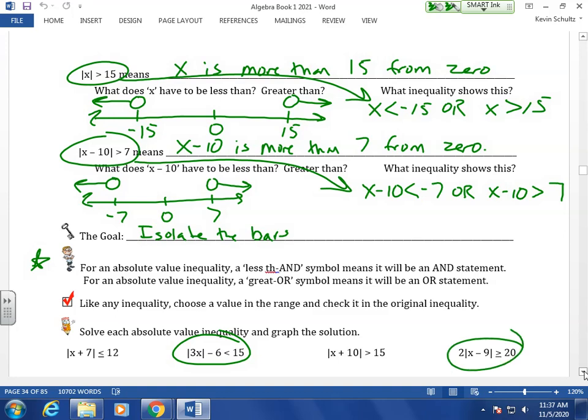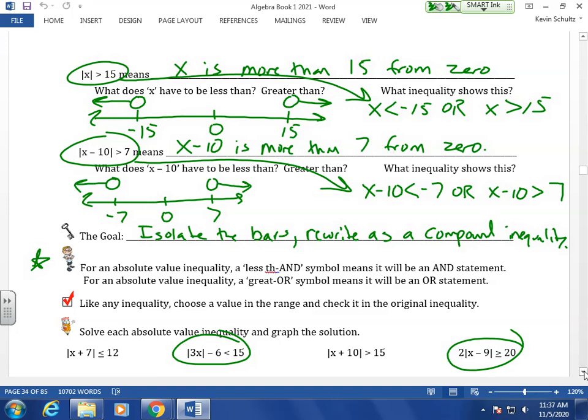So once you isolate the bars, then you need to rewrite as a compound inequality. And how you know which type of compound inequality to use, and or or, depends on the sign you have. Less than, and. Greater, or. Okay?